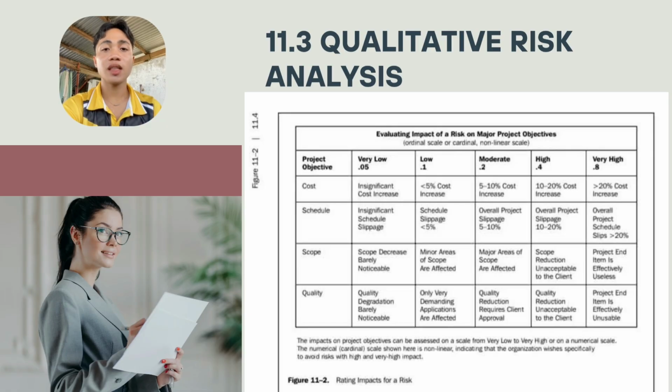Pasabot ani, allergic jud ta sa mga dagkong problema. So we give them a much higher weight to make sure they stand out. For example, if a risk will cause the project schedule to slip by more than 20%, we rate that as very high.